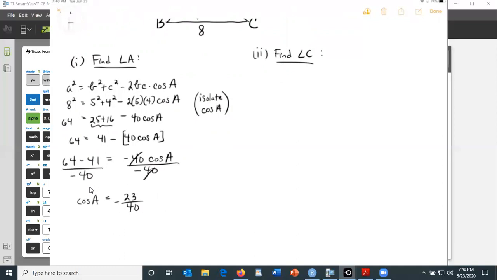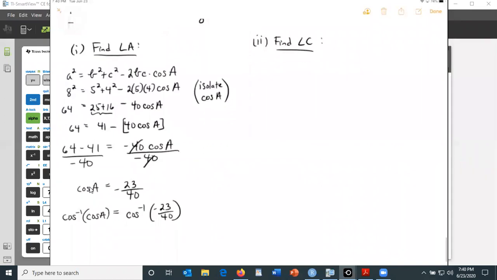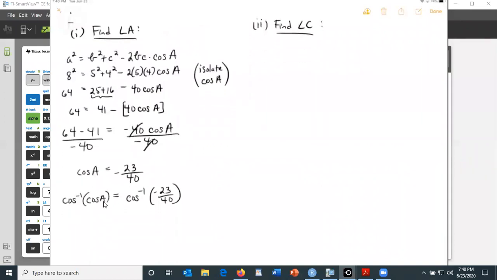All right, and then we take the cosine inverse of each side. Remember the cosine inverse is what we use to get an angle by itself. So you cancel out the cosines with a cosine inverse, and that will give me angle A. And then this expression we do on the calculator, cosine inverse of negative 23 over 40.